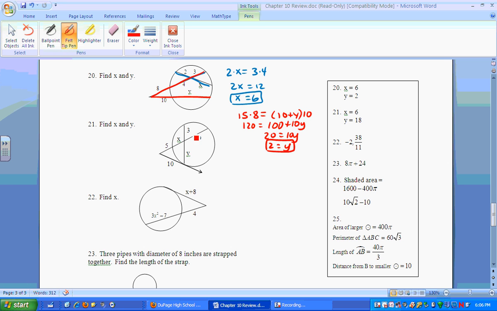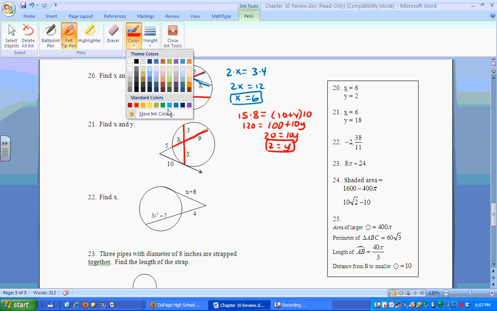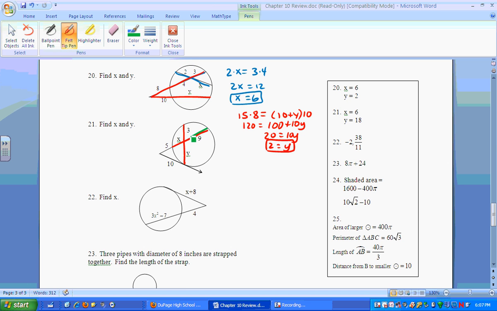Number 21. We see a chord, but before we can do that, to get y, we need to get x, and x is a part of a secant, which is connected to a tangent. So for that, we can say this is a secant, this is a tangent. Well, what do you notice? That the secant is 3 plus x plus 5.